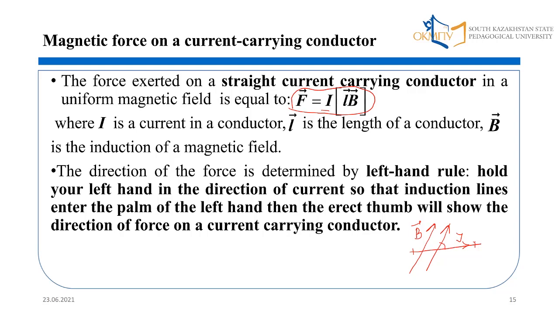You take your left hand and hold it so that the four fingers point in the direction of the current, and the magnetic field lines enter the palm of your left hand. Then the erect thumb will show you the direction of the force on a current-carrying conductor.